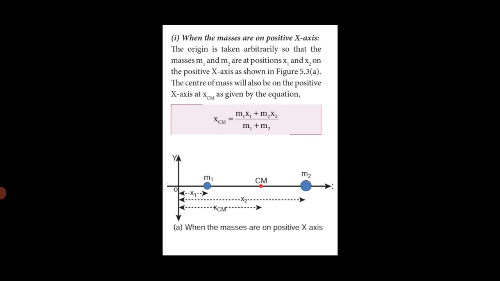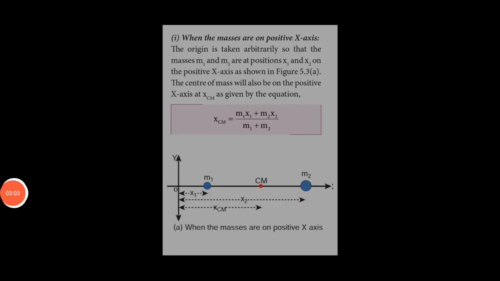The center of mass lies between them, from O to CM, as given in the diagram. So the two masses are on the x-axis, in the positive x-axis. That is the first case.